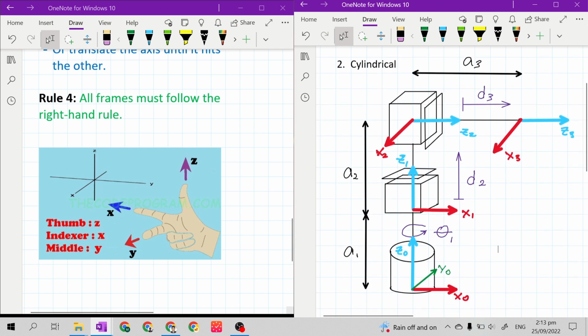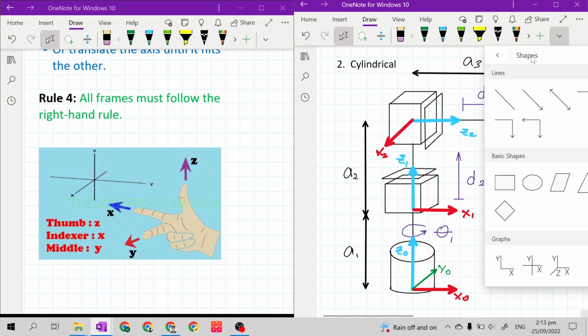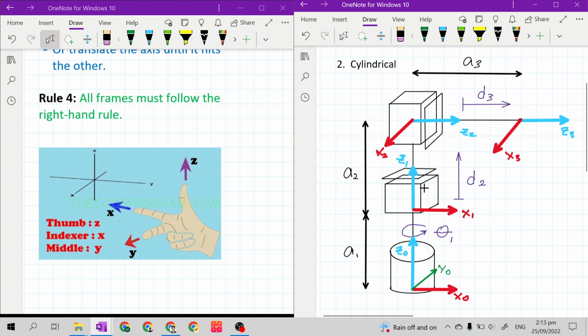Next, for frame 1, the z-axis is the thumb and the x-axis is the index. So the middle finger, if you try this, is pointing backward.